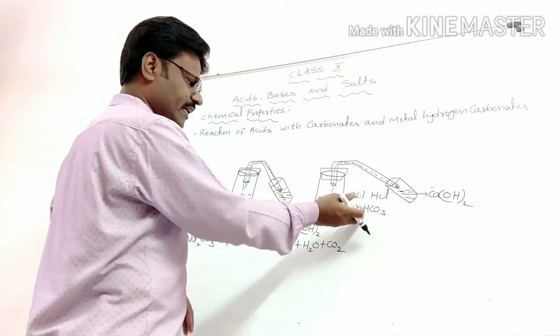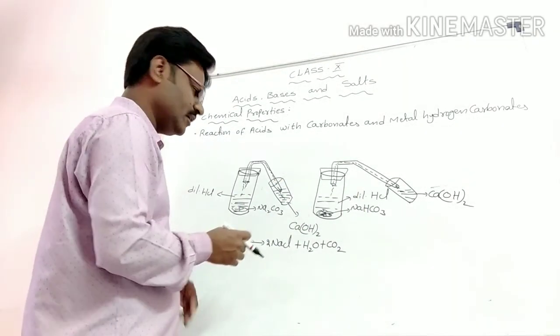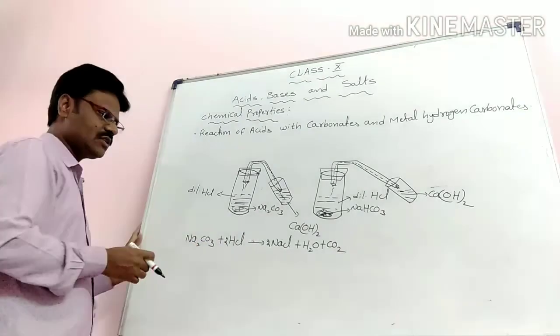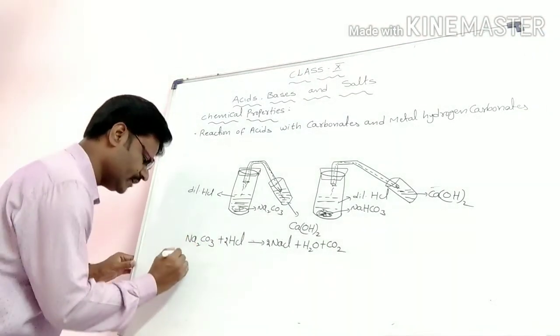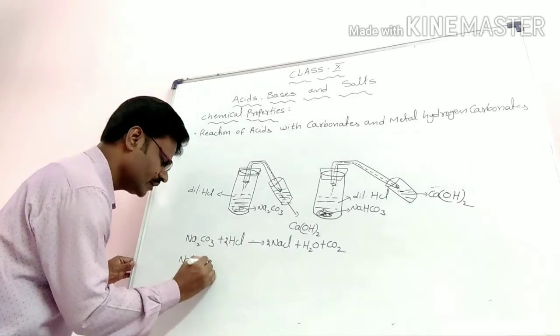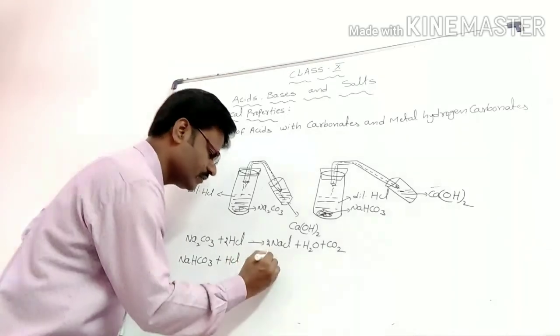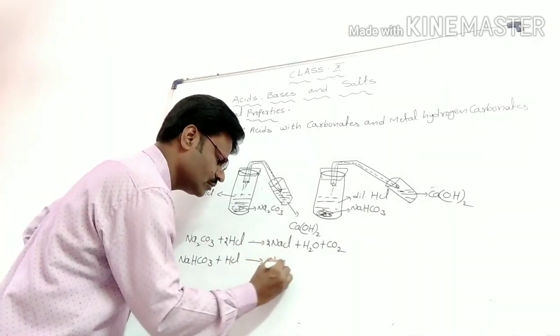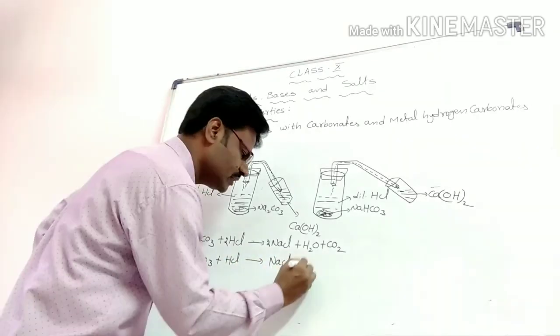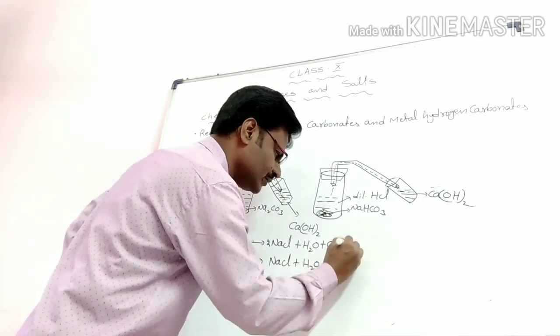In the second chemical reaction, when sodium hydrogen carbonate reacts with dilute hydrochloric acid, here also it produces carbon dioxide. Sodium hydrogen carbonate, when it reacts with hydrochloric acid, produces a salt, that is sodium chloride, along with water and carbon dioxide.